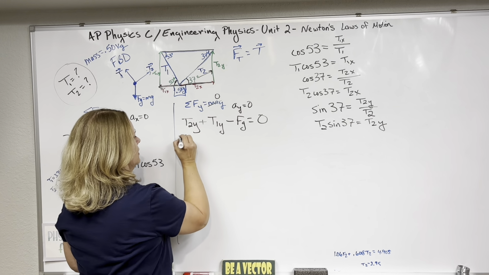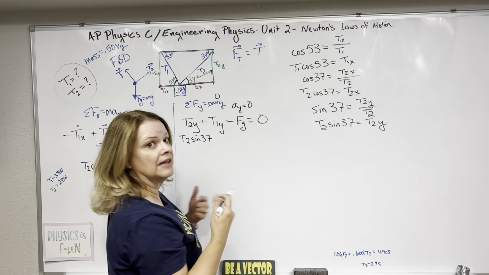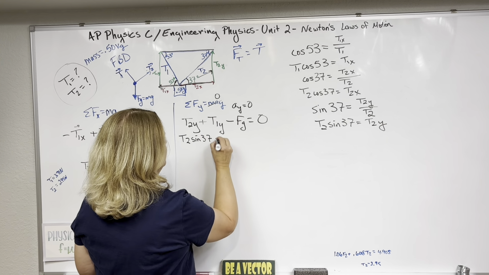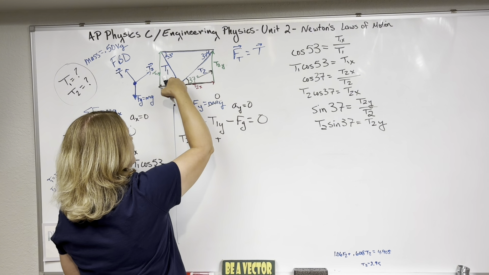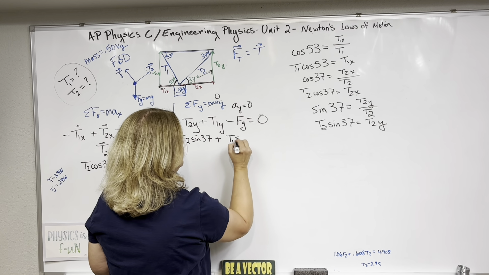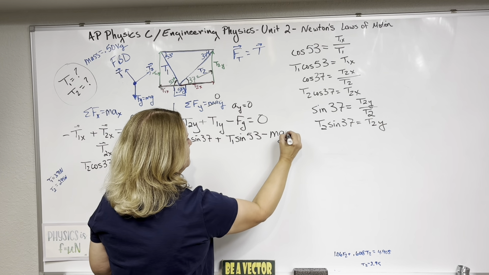So I'm going to plug that in here. Because we're getting the hang of this, we'll know that T1 is opposite, it's sine of 53. So it's going to be T1 sine of 53, and my force due to gravity is mg.